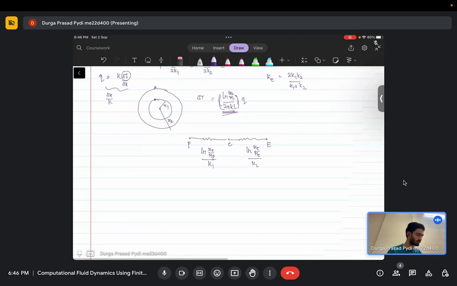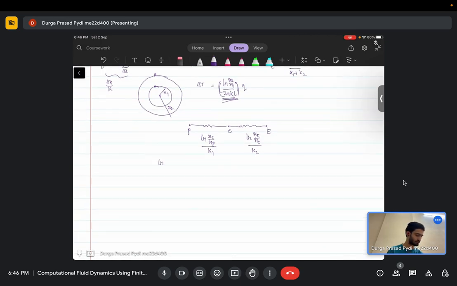The overall resistance will be the summation of these two. So instead of the direct harmonic mean, you should be using this relation to get your K equivalent, so that you will not violate your original condition. As we have seen, the flux should be the same whichever way you consider.